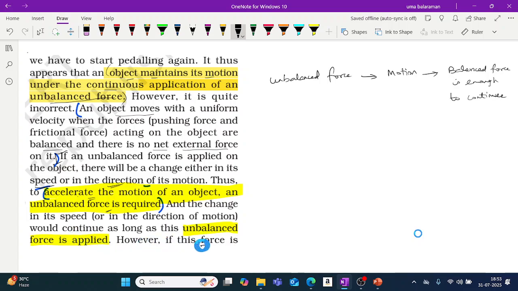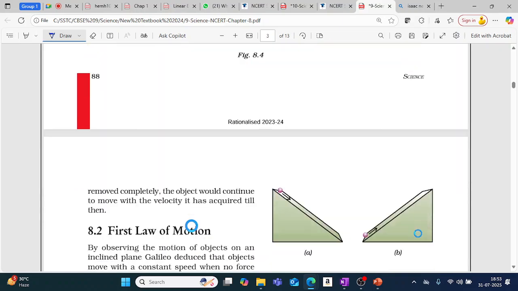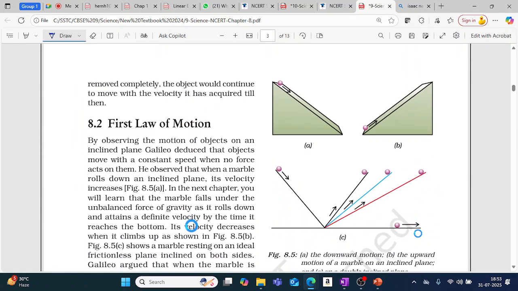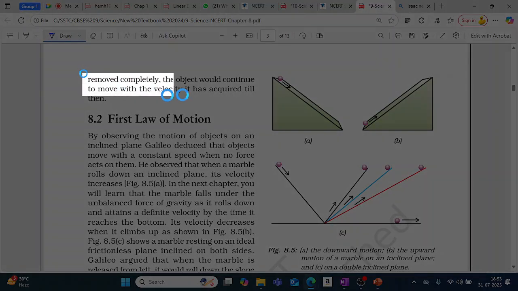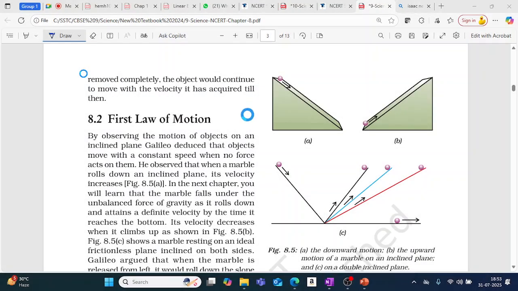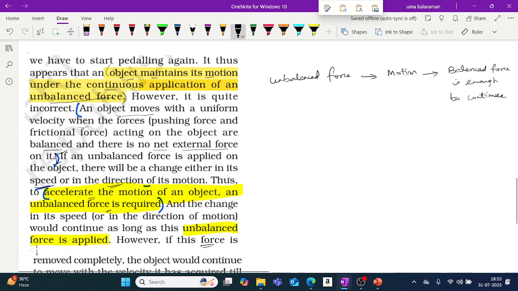Then if you stop this force, it will continue with that same velocity. Once you apply unbalanced force and it starts moving, you apply balanced force, that is enough to continue forever.